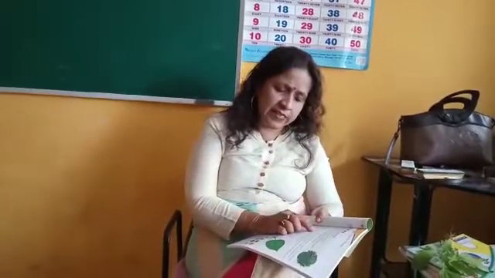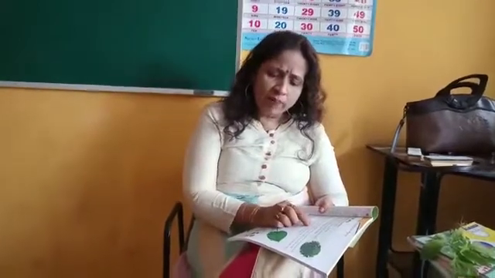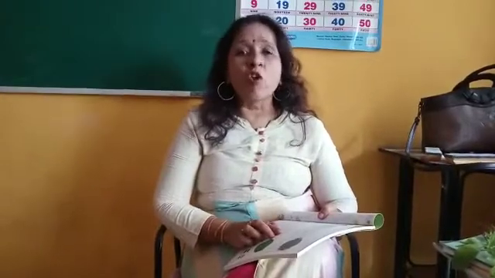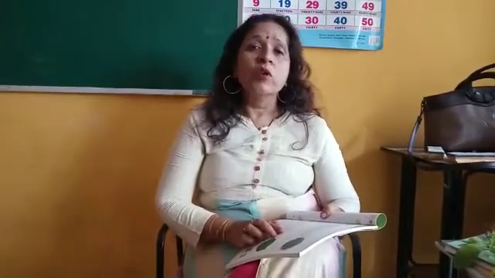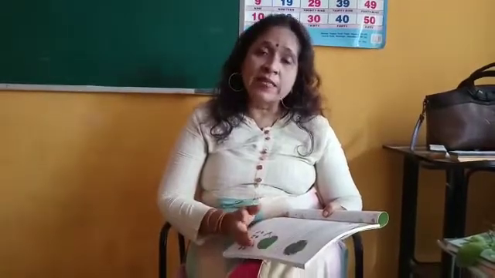All living things are dependent on plants in some way or the other. How are they dependent on plants? Though some people are non-vegetarian, even then, though they are eating flesh, the animals are dependent on the plants.